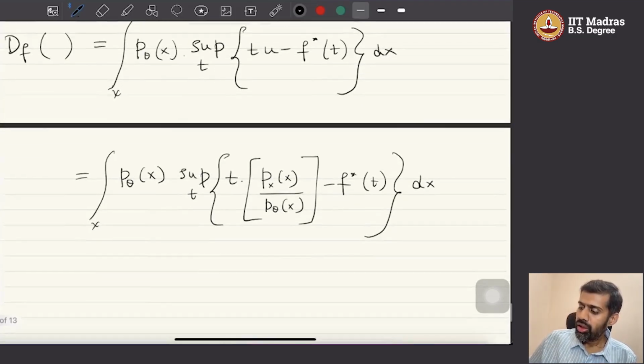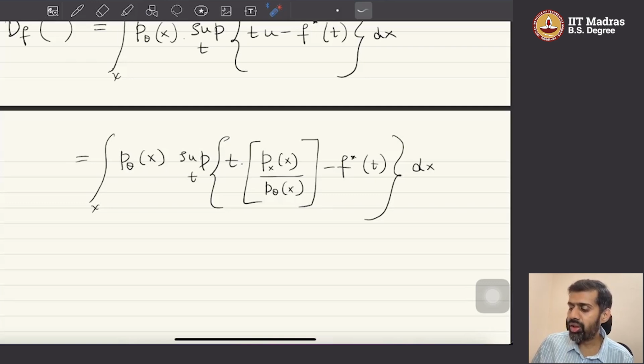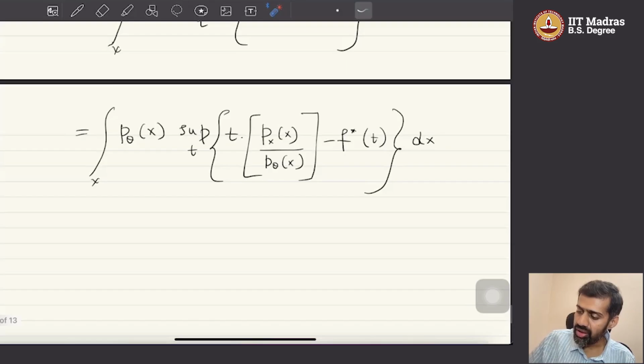Now remember what our objective was. Our objective was to represent the f divergence in terms of expectations. For that, we need the form where there is a density and some function, and we still don't have it. We have a supremum here. To represent this integral in terms of an expectation, we somehow want the supremum outside the integral. However, we can't just put the supremum outside the integral.